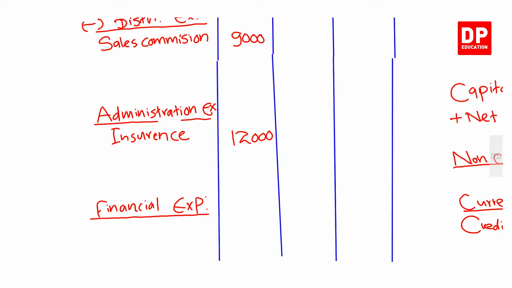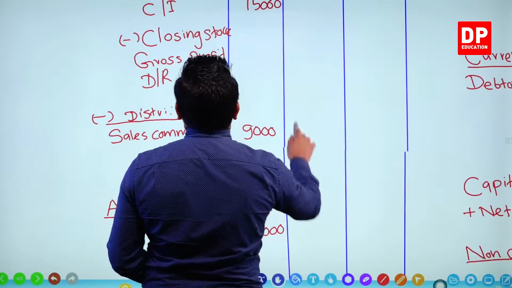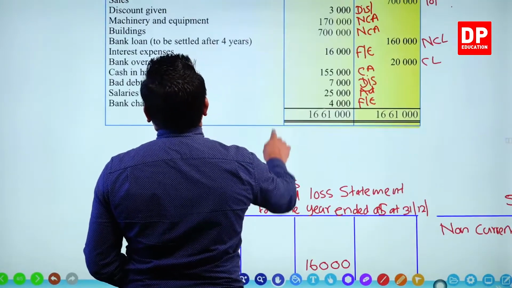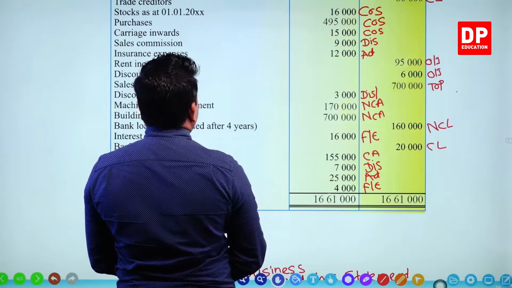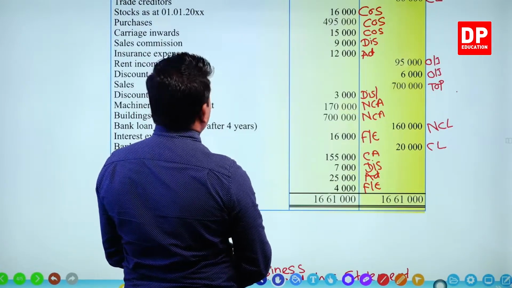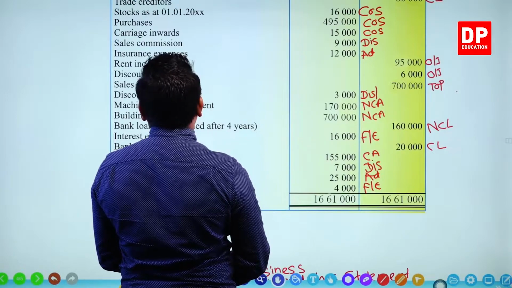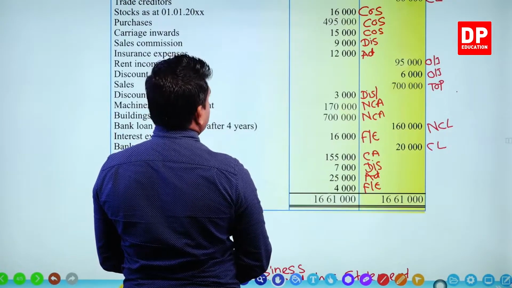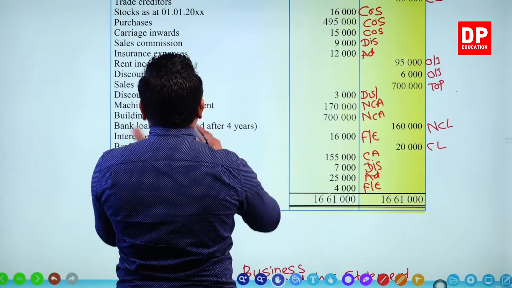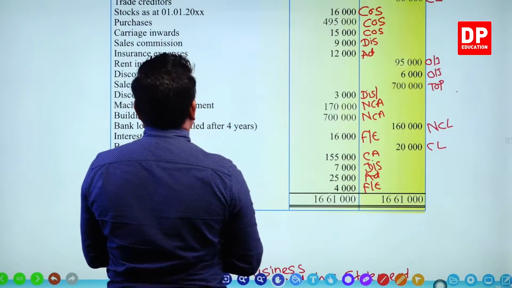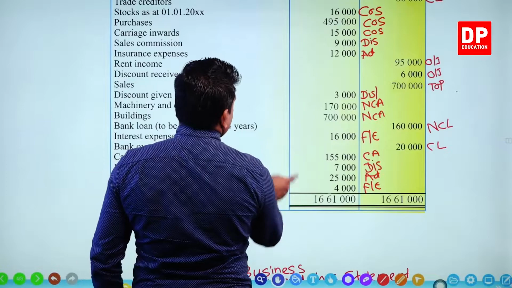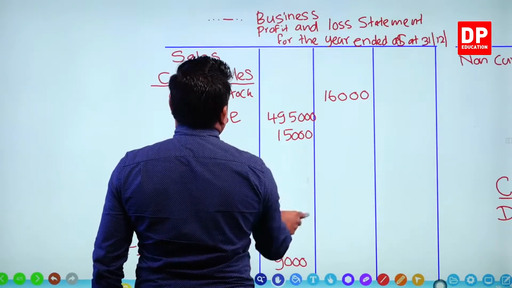Okay. Now, rent income 95,000, discount received 6,000. Both come under the gross profit. Rent income 95,000.